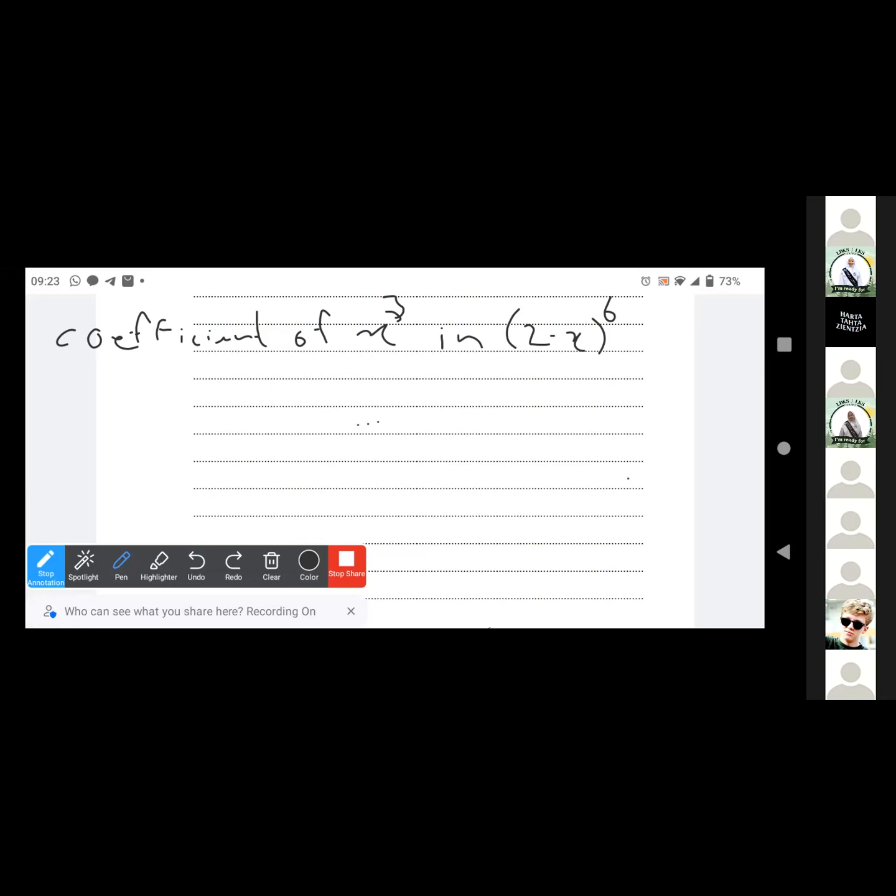So something, coefficient times x cubed, right? And we know that each term of the expansion looks something like this: n choose r times a to the power of n minus r times b to the power of r, right?